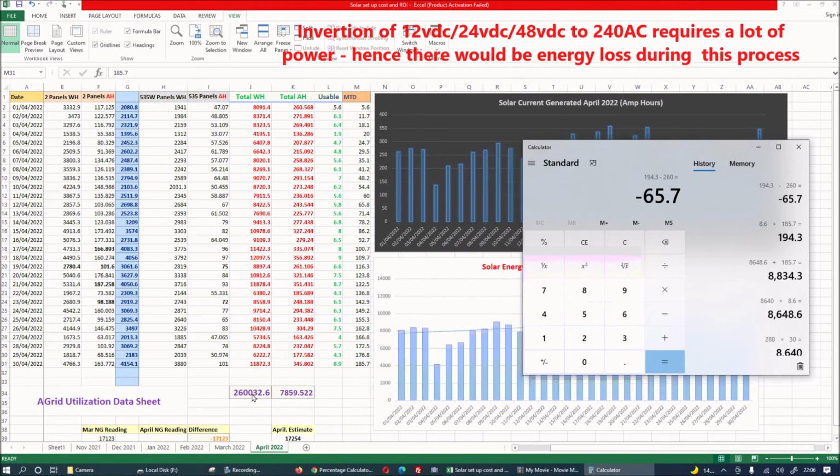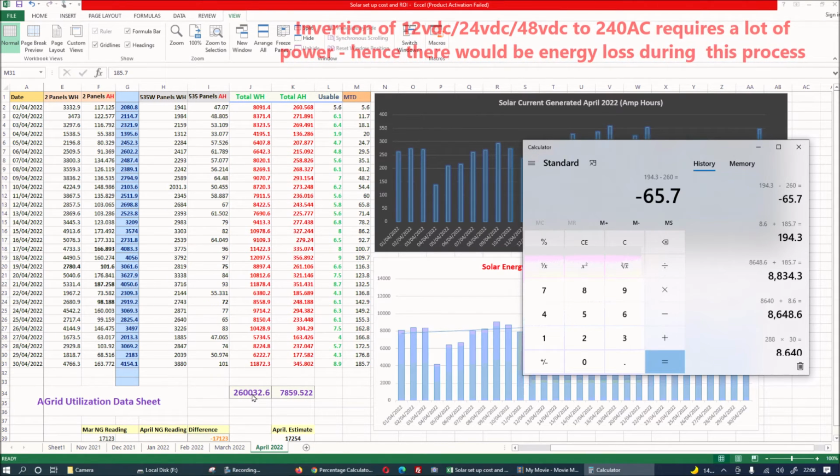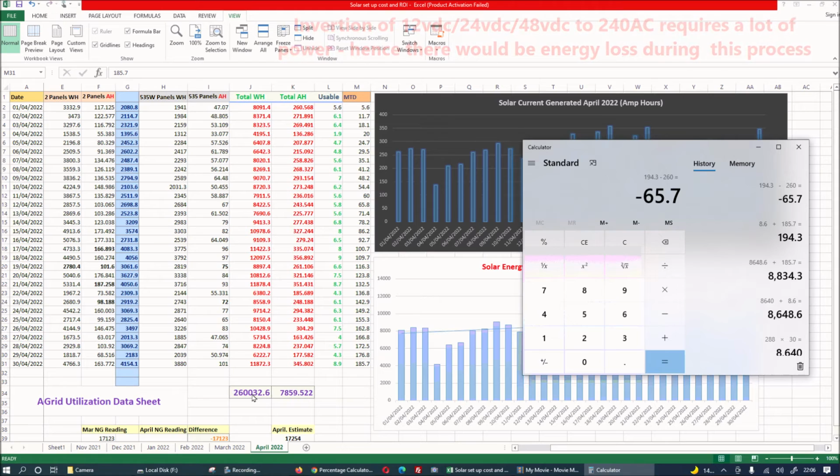That requires a lot of energy as well. So some part of this energy, this 65.7, would have been wasted through that process of conversion.